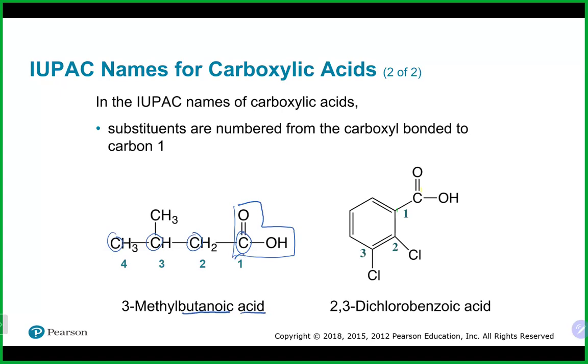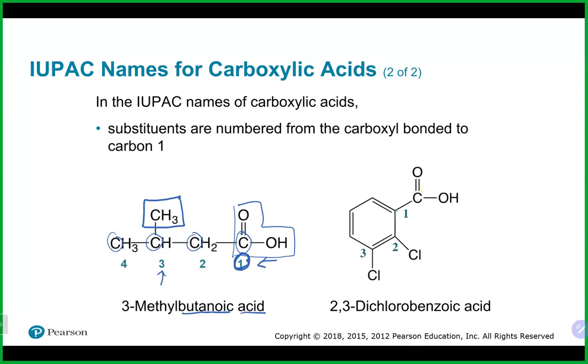Once again, we have to be locked into this carbon having the smallest number, which should always be 1 in this case. We number in this direction, which then locks us in for our methyl group at carbon number 3. That gives us 3-methylbutanoic acid. I jumped the gun looking to my right there really quickly.